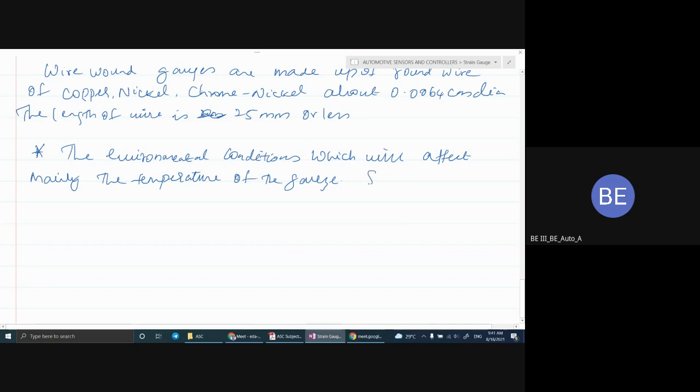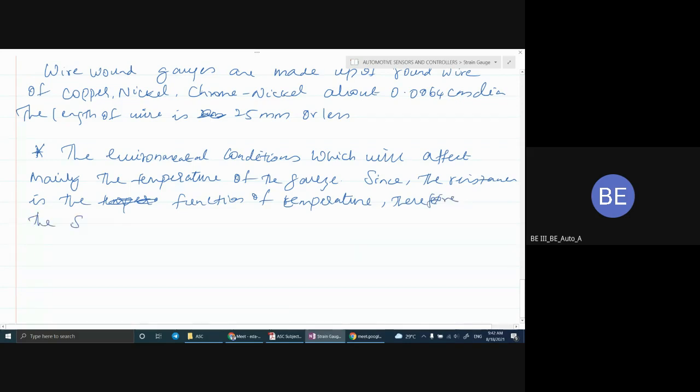We also have to note that since the resistance is a function of temperature, the strain gauges are susceptible to variations in temperature.